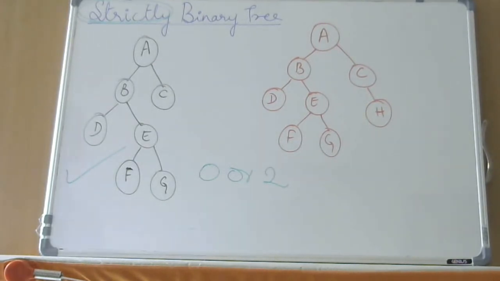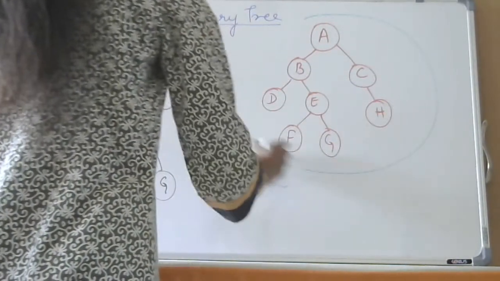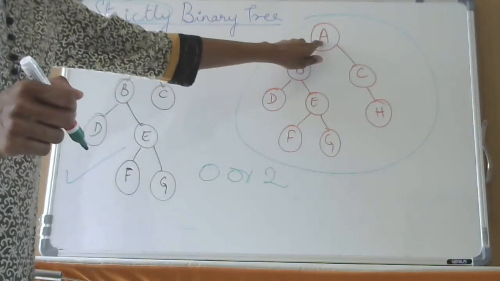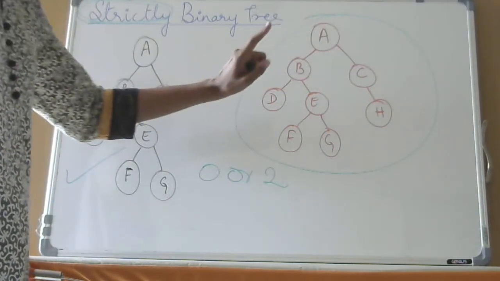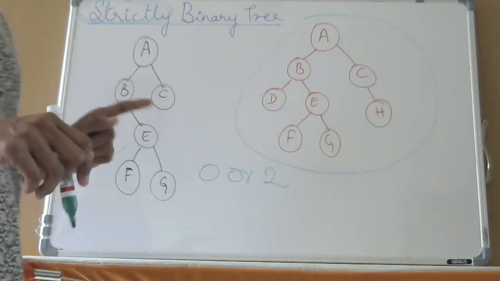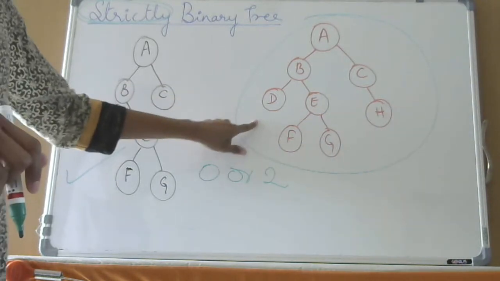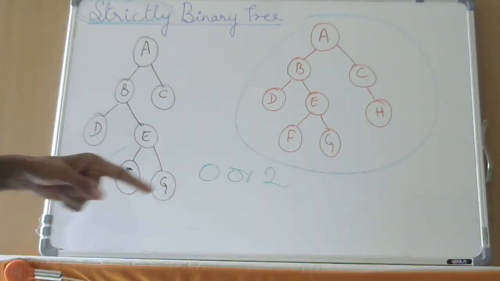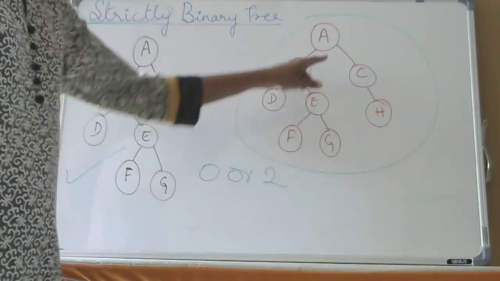Now, let us come to the second example. Is it a strictly binary tree? A has 2 nodes, B and C, fine, no problem. B has 2 nodes, D and E. D has no nodes, that is also fine. E has 2 nodes, that is also fine. F and G have no nodes, fine.